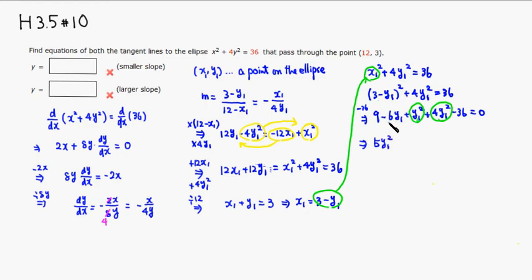Then we have negative 6y1, so minus 6y1, and then we have 9 right here and a minus 36, so that's going to be minus 27, and it is equal to 0. Alright, hopefully we can factor this. So this is going to be 5y1, and I'm going to have y1.